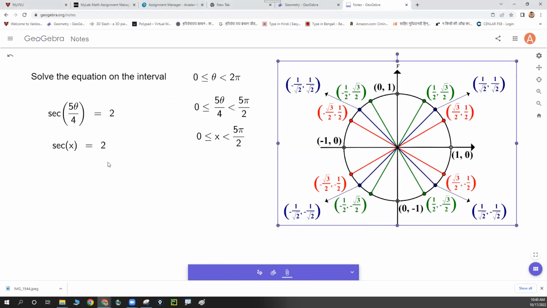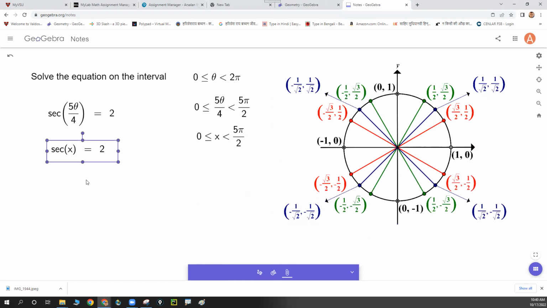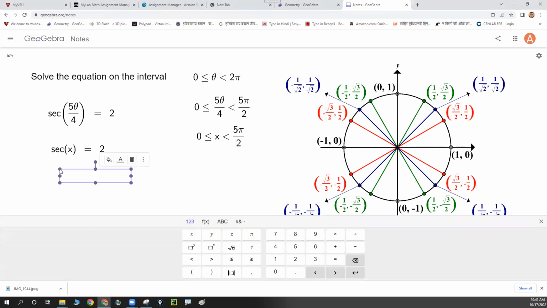Now, I need to know the value or the angle x, which makes secant x 2. I don't like secant. I like to write secant and cosecant in terms of sine and cosine. So if secant x is to be 2, cosine x has to be half. And to me, that looks much better.